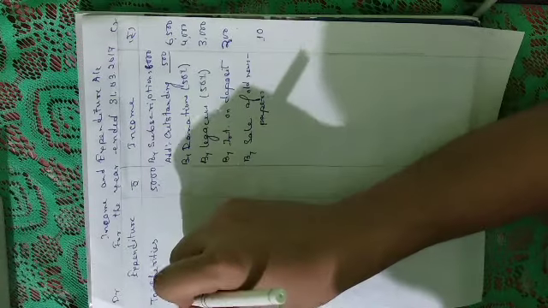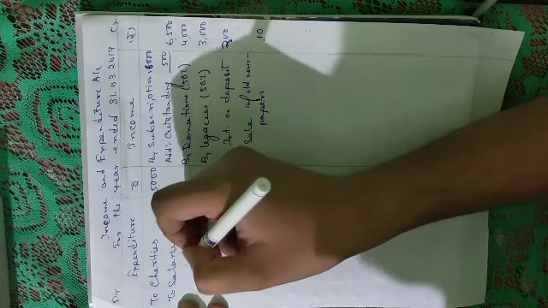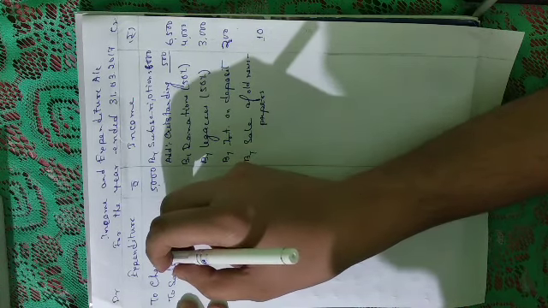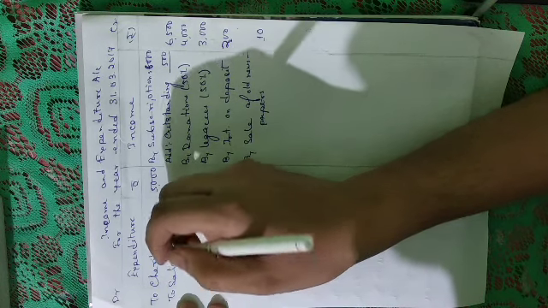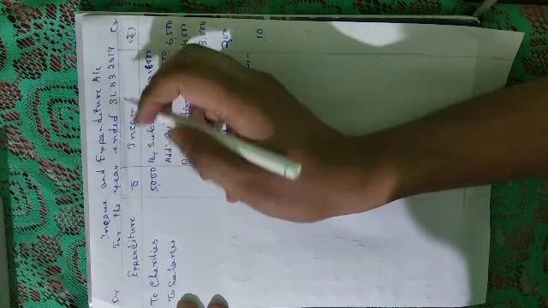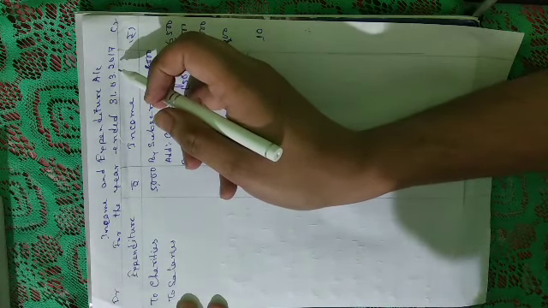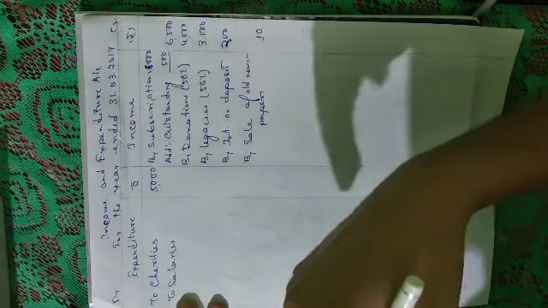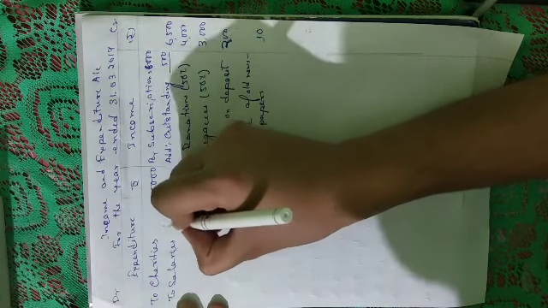Next, salaries. In the additional information, it is given that salaries include rupees 50 relating to 2017-18. Our current year is 2016-17, and in the question 2017-18 is mentioned. That is the future year, so it is deducted.